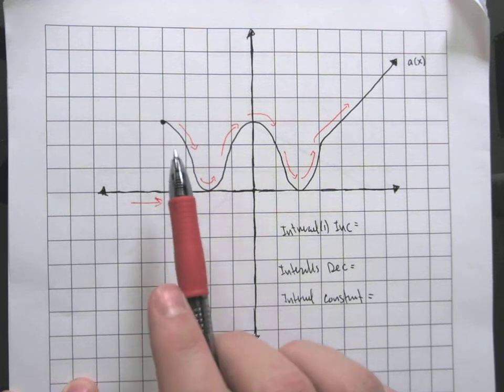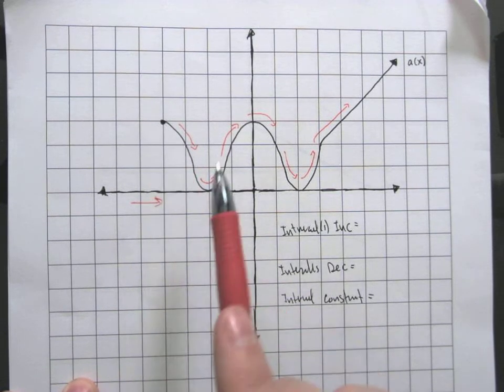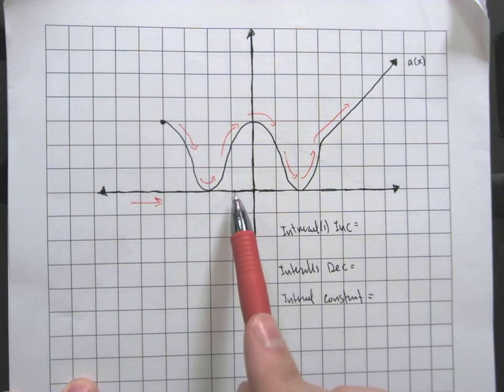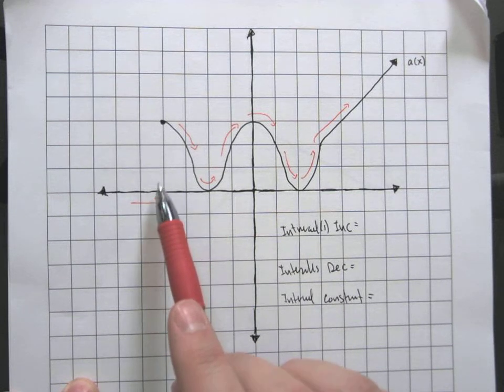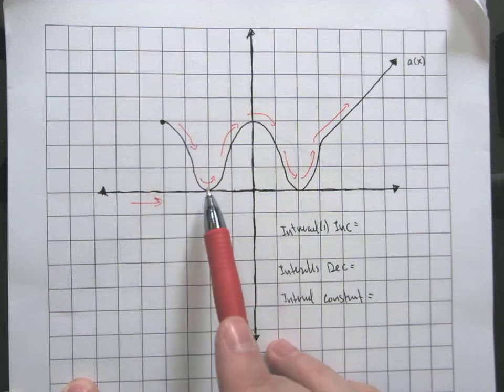Pretty clearly, starting back here at, so what is this, negative 1, 2, 3, 4, at x value negative 4 is where this function starts, and pretty much right off the bat we're decreasing down to this coordinate, where x is negative 2 and y is 0. When we write these intervals, we're only talking about the x values.